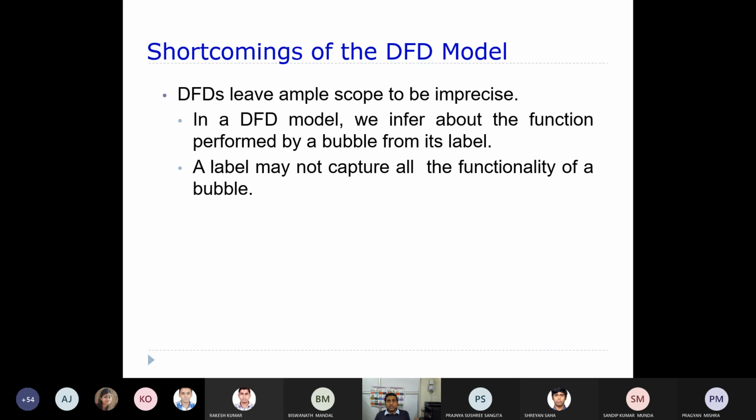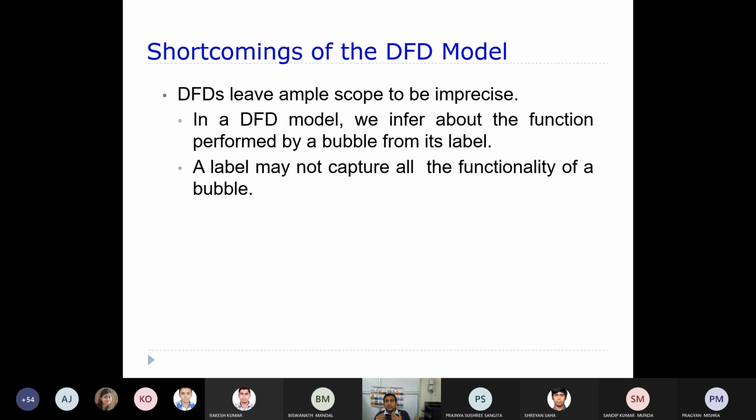Let's say if I give a bubble the name search. Part of searching, there can be many other functionalities. For example, if you give an incorrect input to the search function, what will happen?